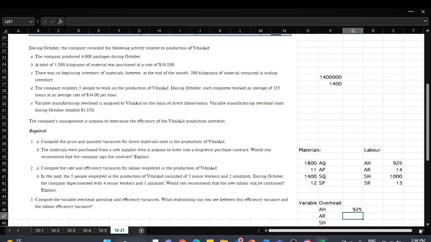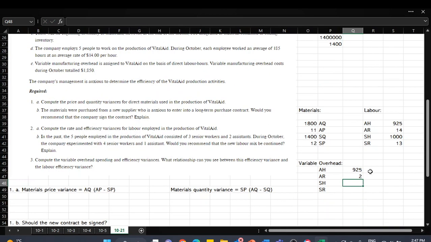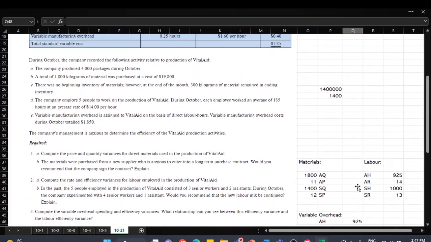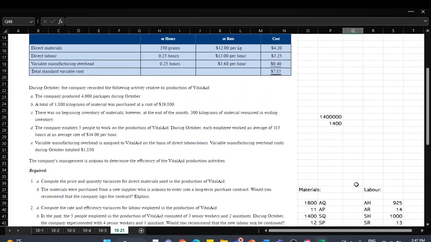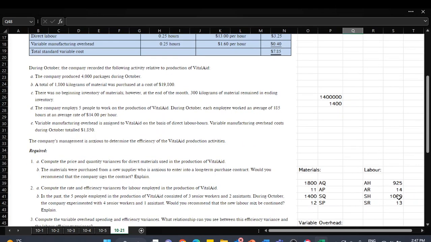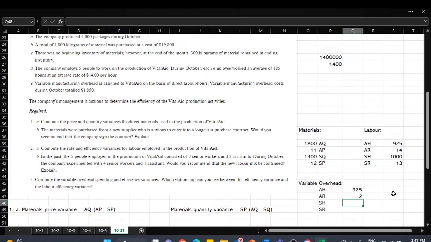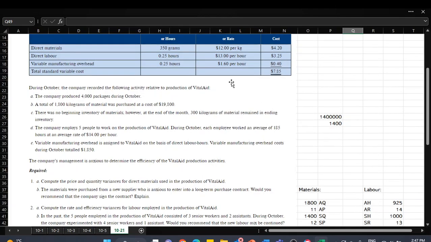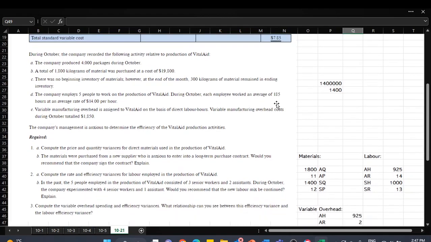In terms of actual rate, we're going to take our variable manufacturing overhead costs of 1,850 and divide by our actual hours of 925. I'm not going to do that cell reference though, because then it screws up my formulas later. That gives me an actual rate of $2. My standard hours, according to the chart and what we figured out for our labor variances, is 1,000. That's the same. And our standard rate for overhead is $1.60 per hour.